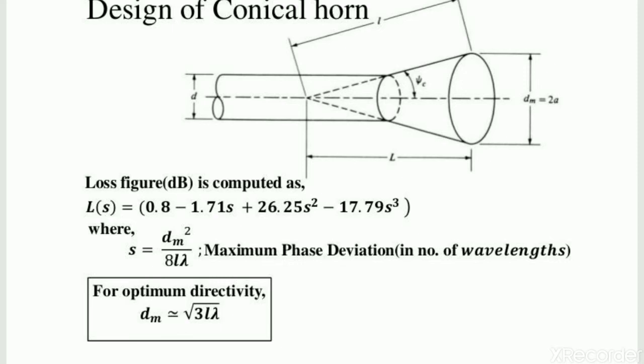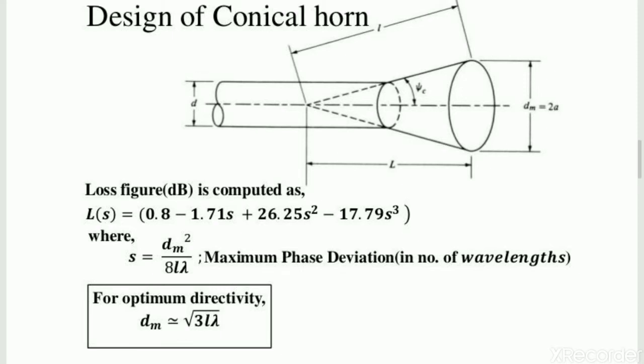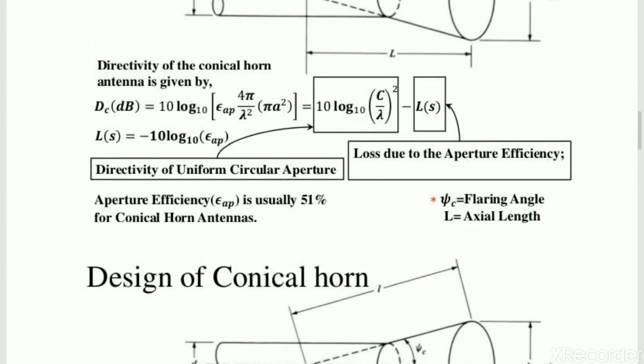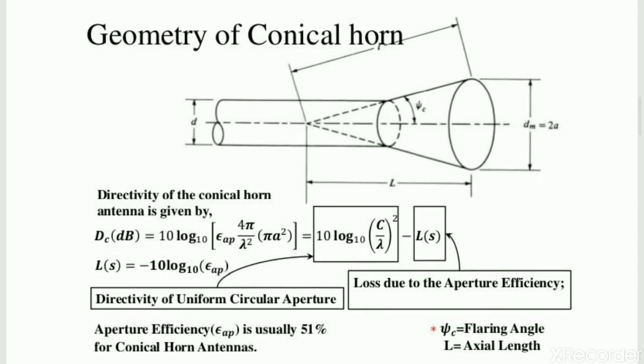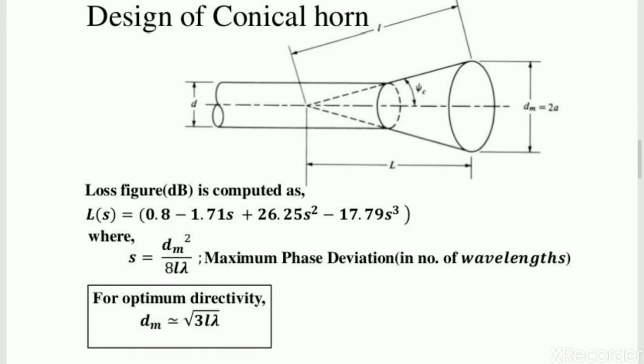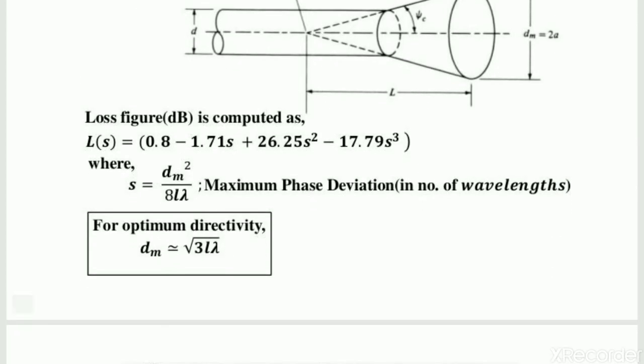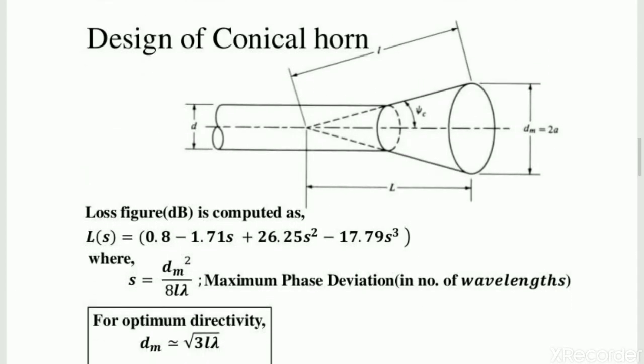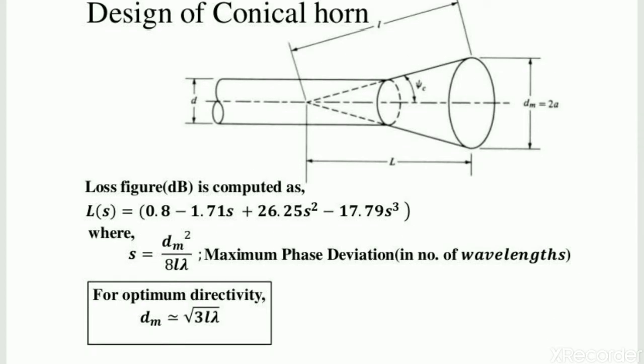We can see from this figure, also shown in the last figure, in the geometry of the conical horn, dm is equal to 2a, where a is the radius of the aperture, or we can say cross section. So s is the maximum phase deviation, which has the formula dm square upon 8 L lambda.